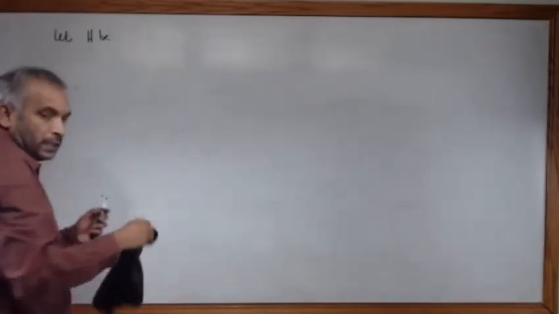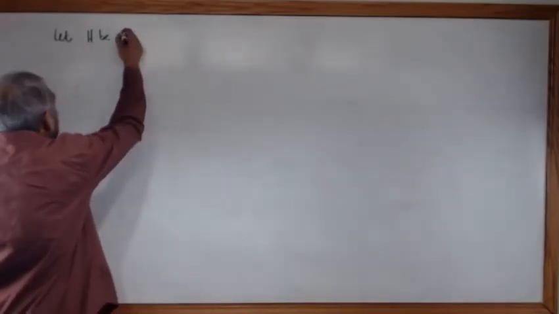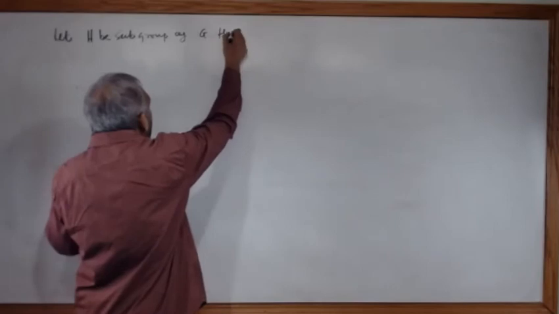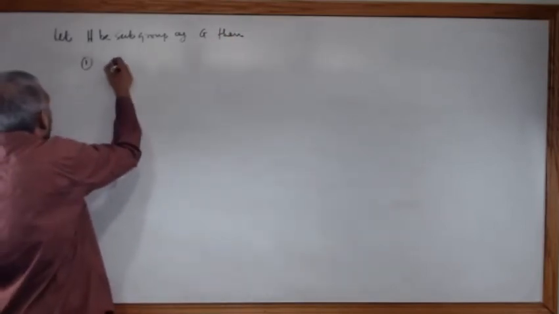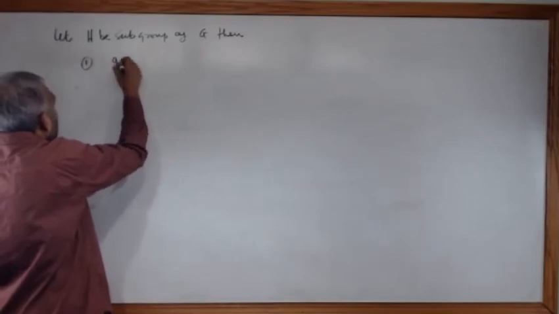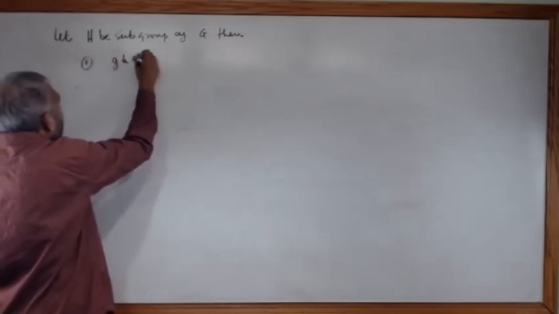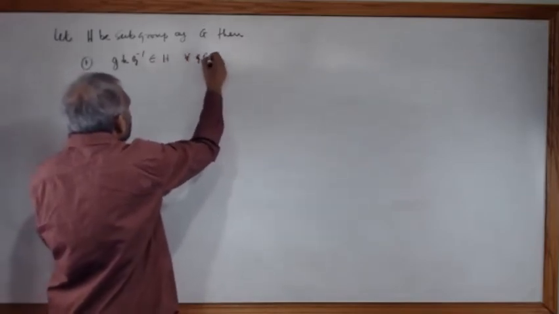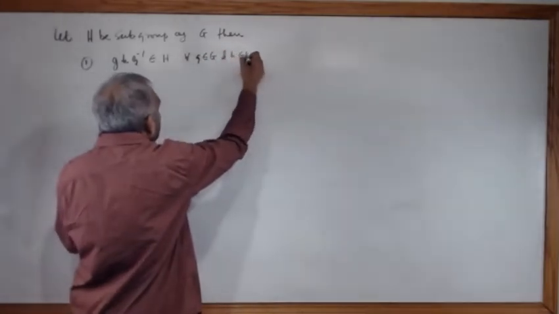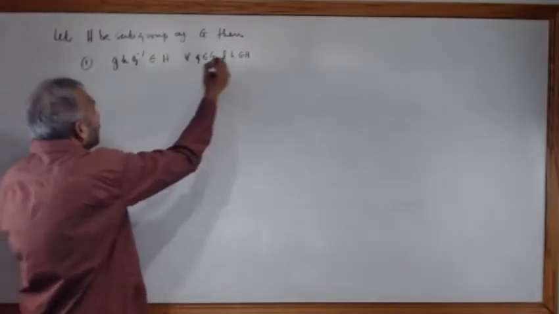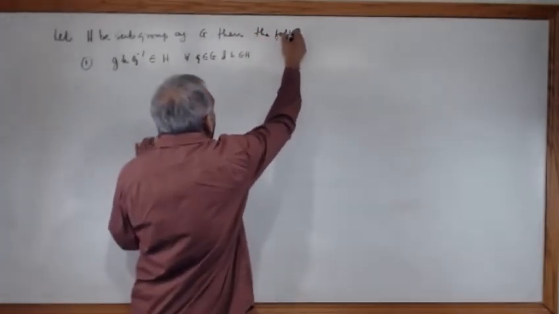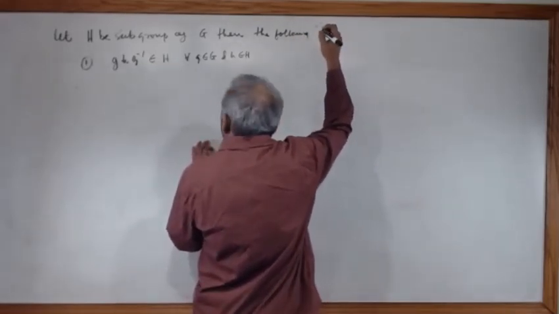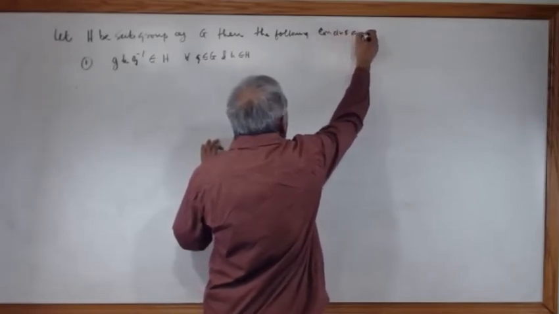Let H be a subgroup of G. Then the first condition: g h g inverse belongs to H for all g in G and h in H. Then the following conditions are equivalent.